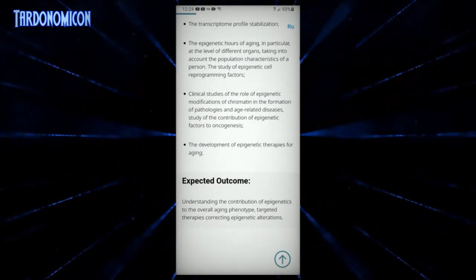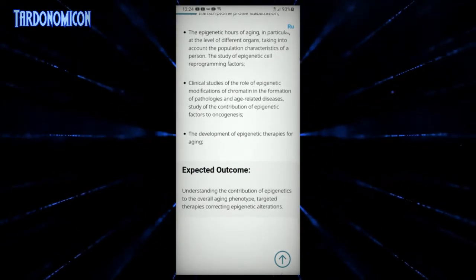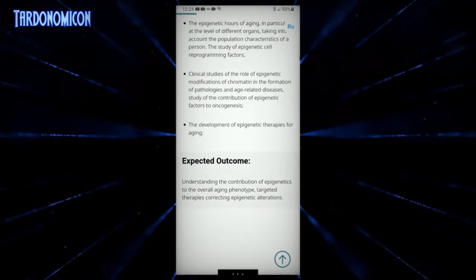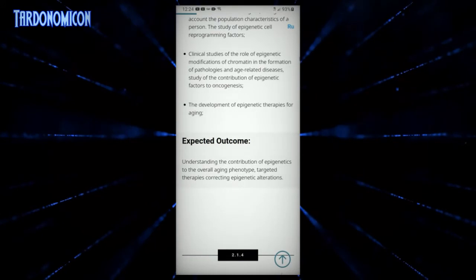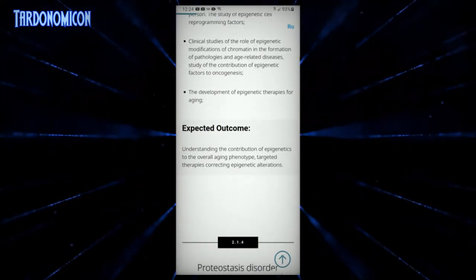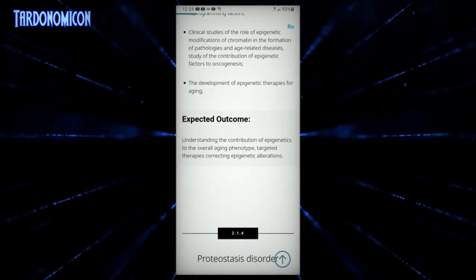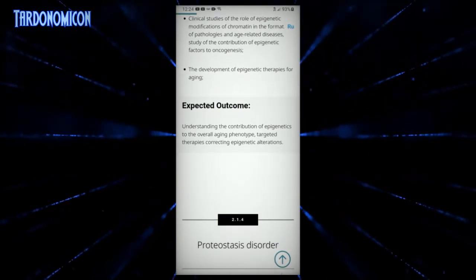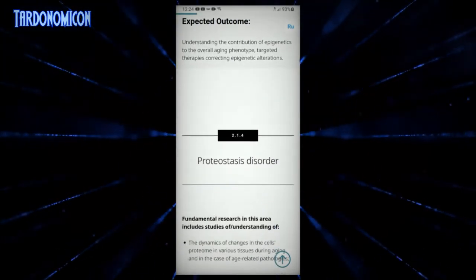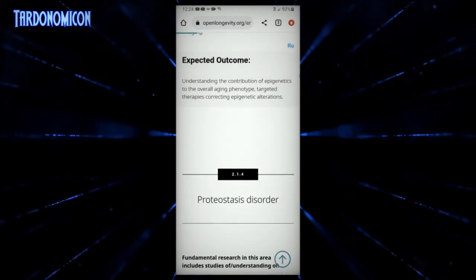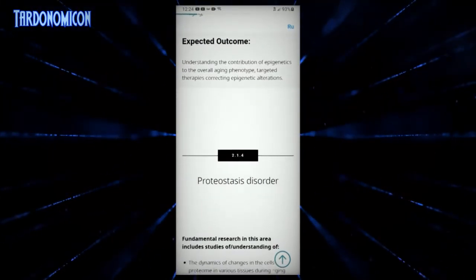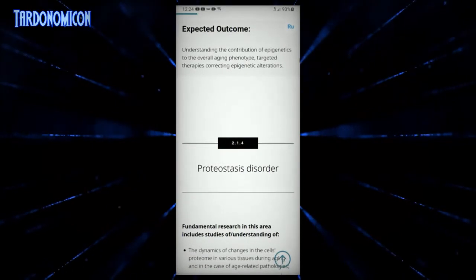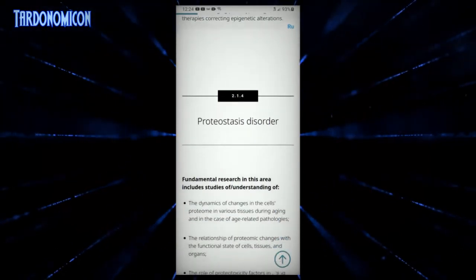of the pancreas. Clinical studies of the role of epigenetic modifications of chromatin in the formation of pathologies and age-related diseases, study of the contribution of epigenetic factors in oncogenic, meaning basically in cancer development, the development of epigenetic therapies for aging. Expected outcome: understanding the contribution of epigenetics to overall aging phenotype, targeted therapies correcting epigenetic alterations.